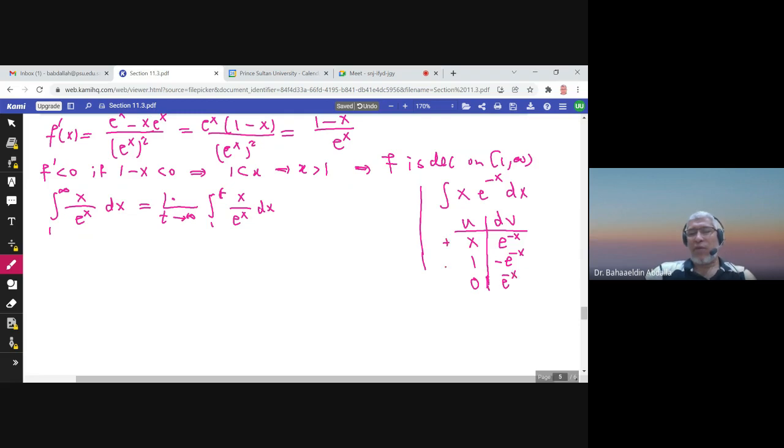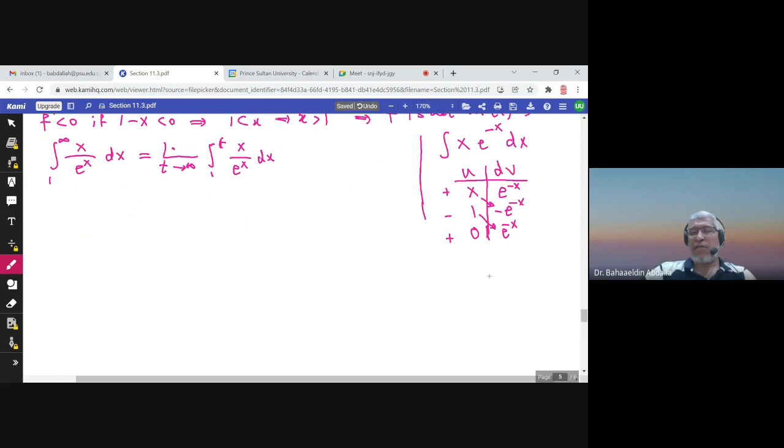We write positive, negative, positive, and then we multiply these, and the answer would be negative x e to the negative x, negative e to the negative x. Okay, so that's the integral. So it is the limit as t goes to infinity of negative x e to the power negative x, negative e to the power negative x, from 1 to t.